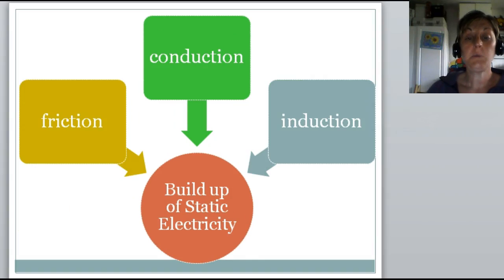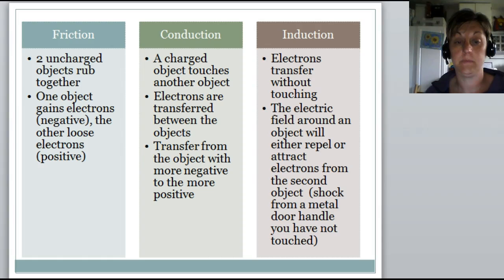When we have this buildup of static electricity, it's through friction, when two objects rub together. Then that static electricity can be transferred through conduction or induction. When we talk about these three components of static electricity, friction, remember, is when two objects rub together.